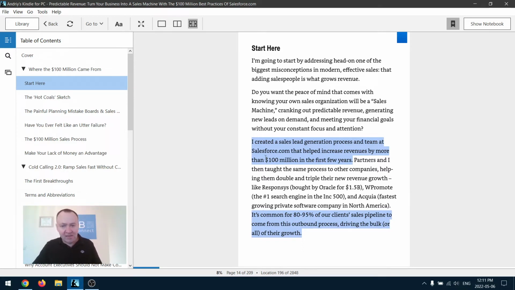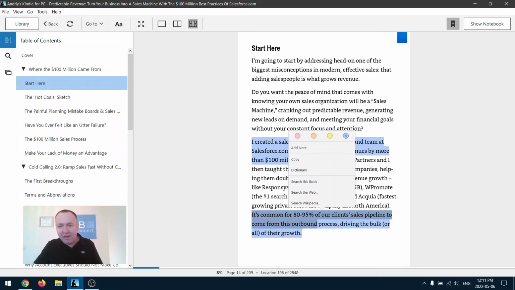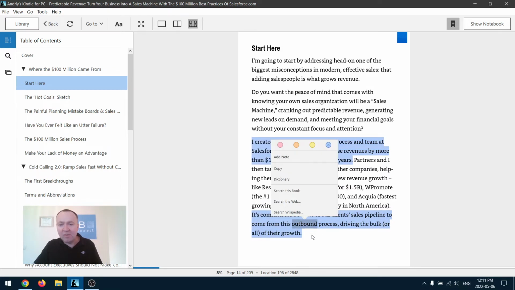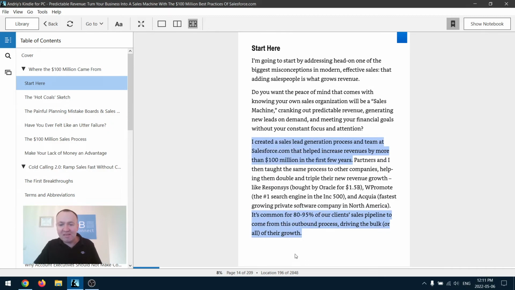And the solution to the problem is that Aaron helped Salesforce.com and later other companies to set up outbound processes. With outbound processes, both Salesforce.com and the companies that Aaron worked with later managed to get to that high growth phase and start acquiring high-value customers.